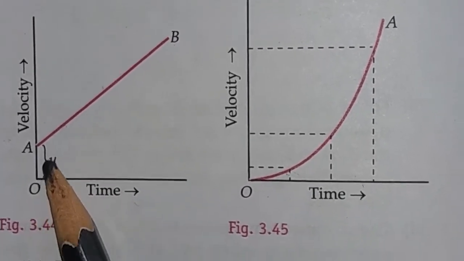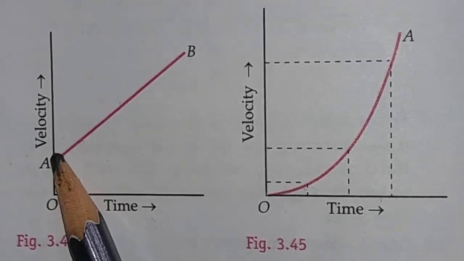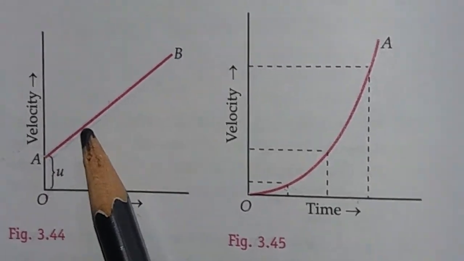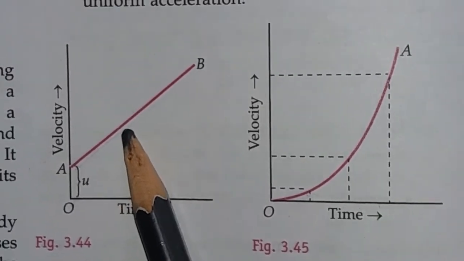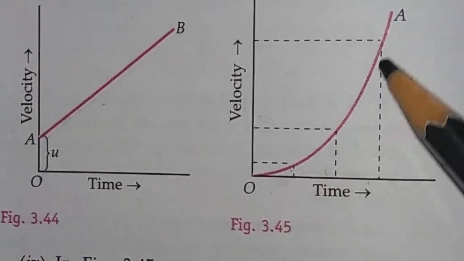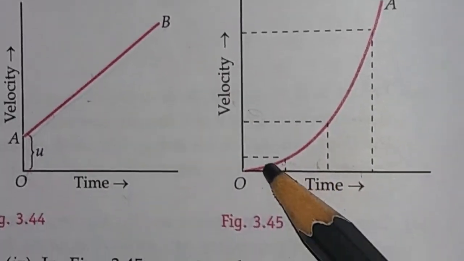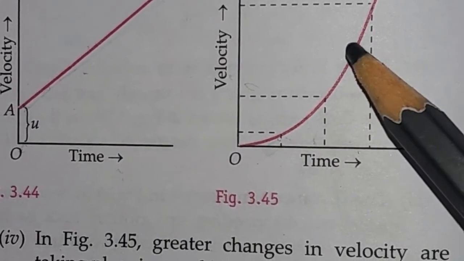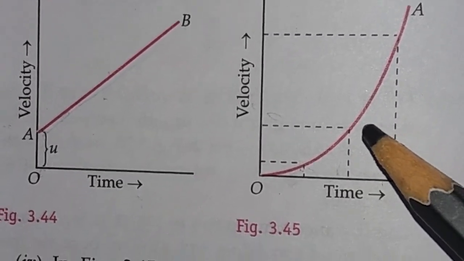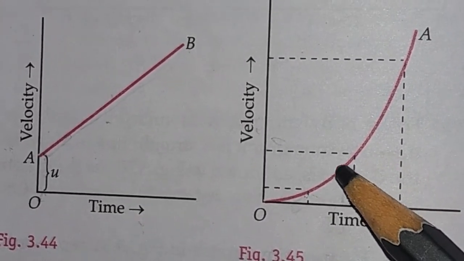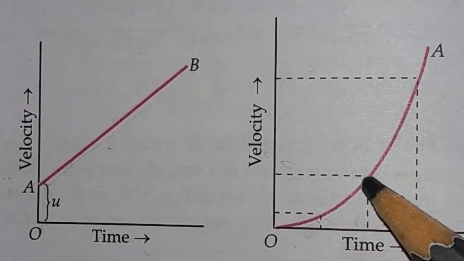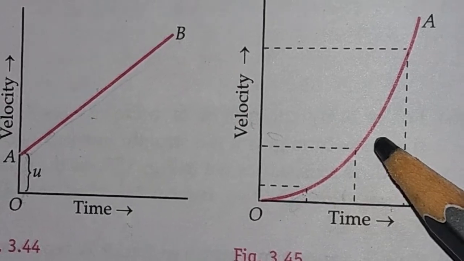It means that the body has some initial velocity and it is a straight line. It means that the body is moving with uniform acceleration. This is a velocity time graph. This is a parabolic graph. It means that the body does not have uniform acceleration, and the graph is bending upward, which represents an increasing acceleration. That acceleration is increasing with time.